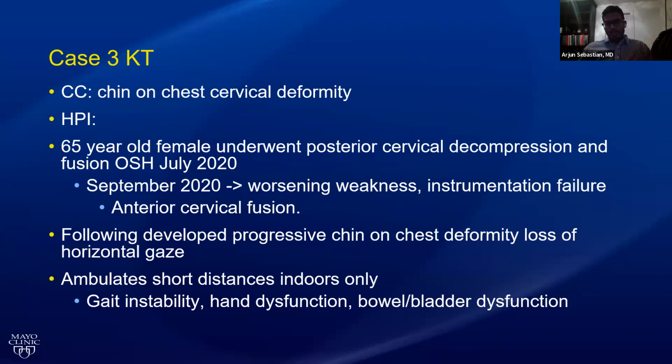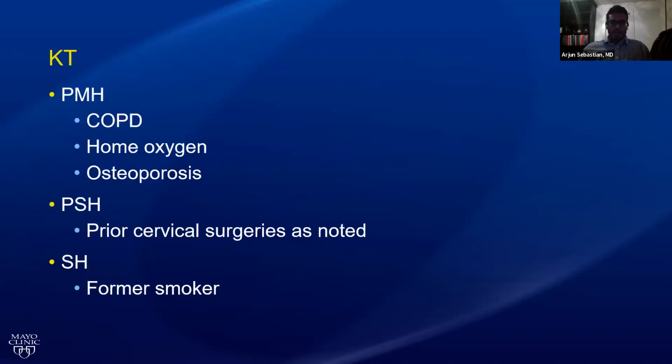In September, she developed worsening weakness and instrumentation failure and underwent an anterior cervical fusion at the same facility. She then began developing progressive chin on chest deformity and dysfunction of gait, hand function, and bowel and bladder, and was sent to us for further evaluation.